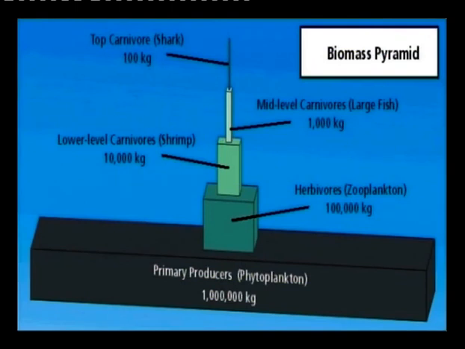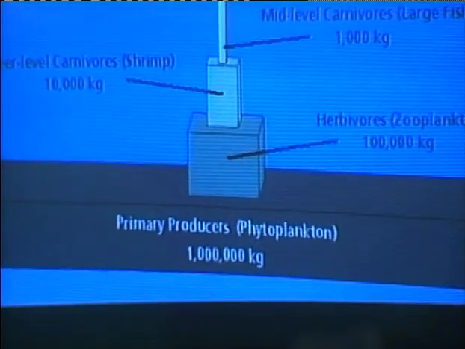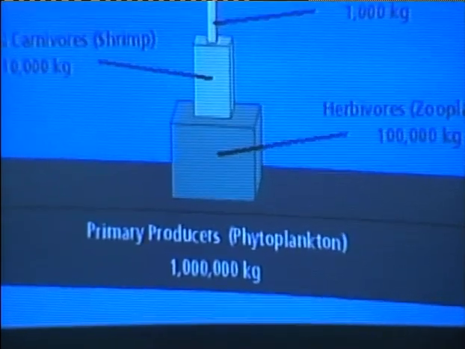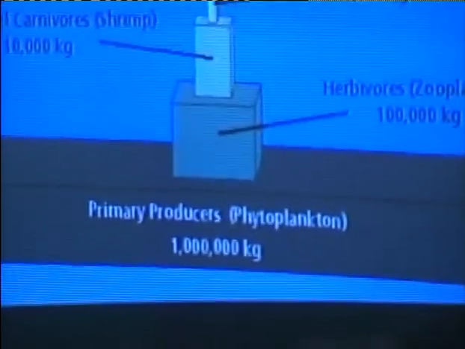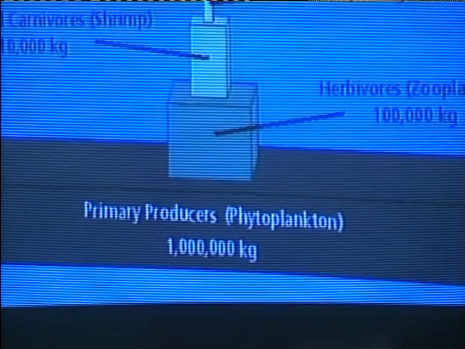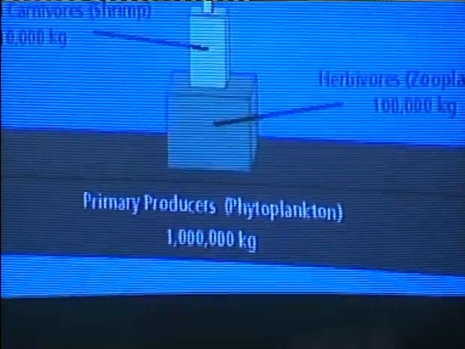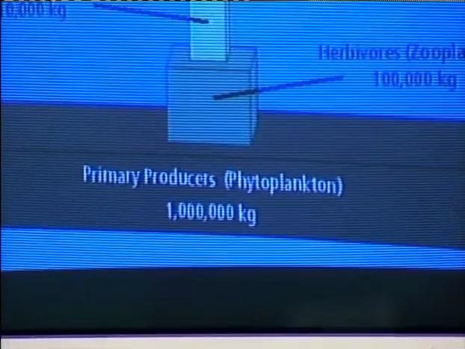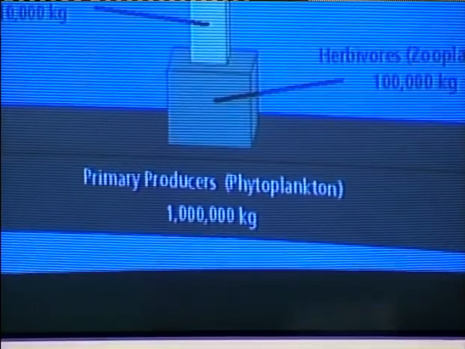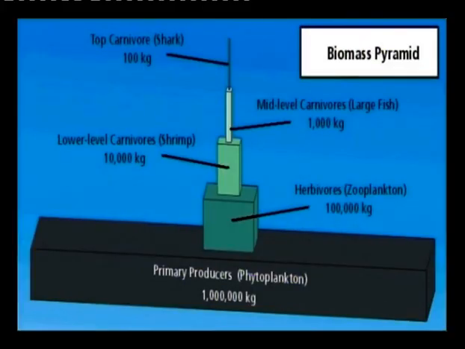The ones that you can see on your screen in the grayish color indicate a number. See if you can see what number is written right at the bottom of the screen there. Okay. That is 1 million kilograms. Good. 1 million kilograms. That is made up of all the small plants in the ocean.